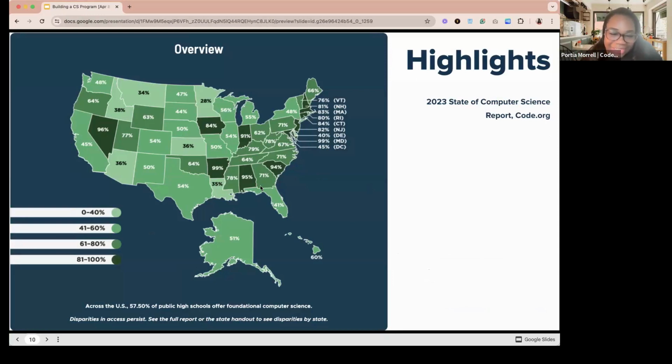So you can look at your states and see how well your state is doing with computer science. And there are actually more details and breakdowns of what's going on in your state. Like, is computer science required? How close is it to being required? What does the state have when it comes to funding and things like that? So definitely check it out.